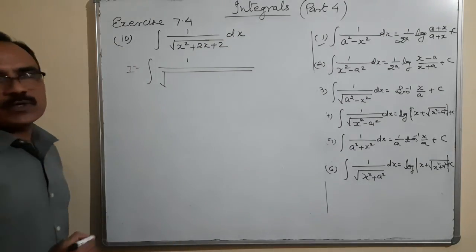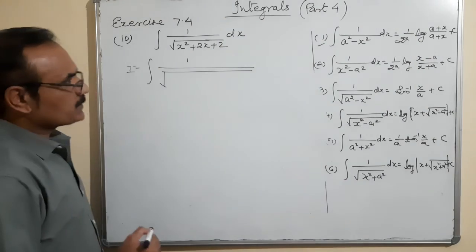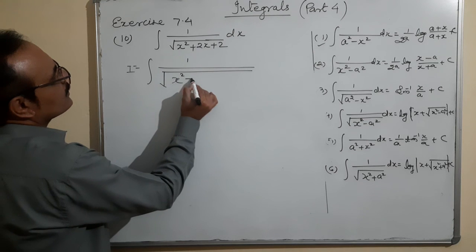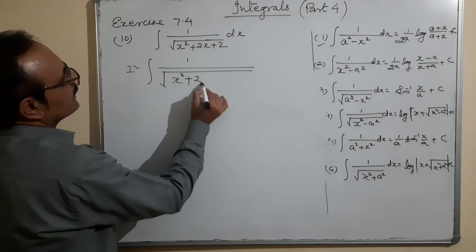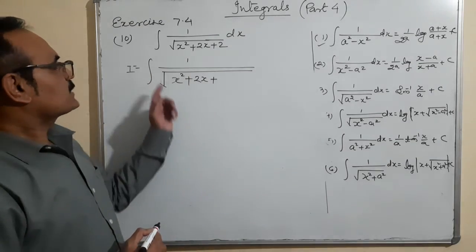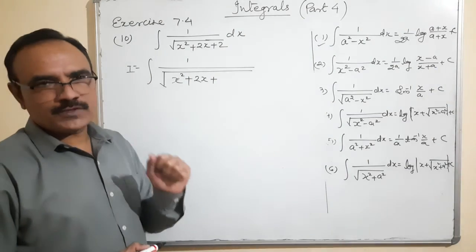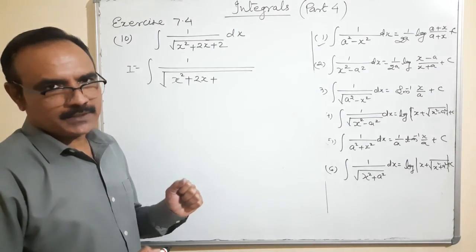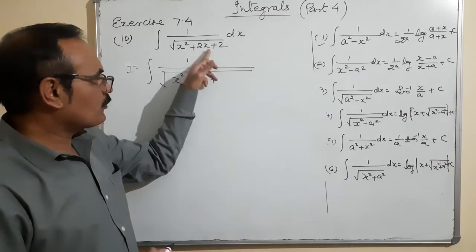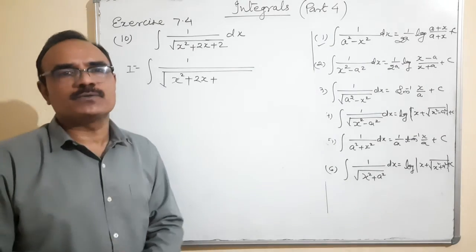For completing the square, what should be done? Let me remind you once again. x square plus 2x plus, whatever the coefficient of x, listen carefully, the coefficient of x, that is 2, divided by 2.